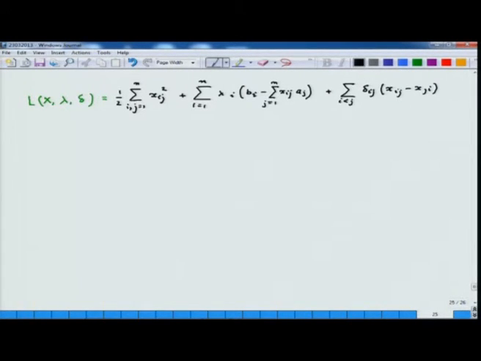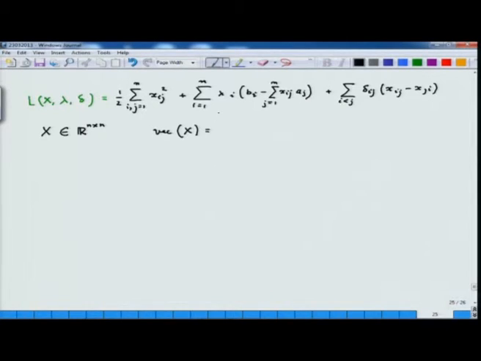So, in general, if you have a matrix X in the space R n cross n, so any X is a member of R n cross n, it can be represented by using a Vec operation.